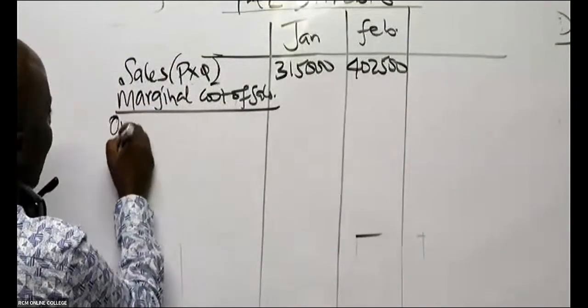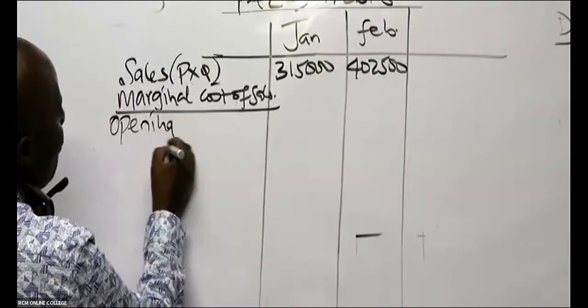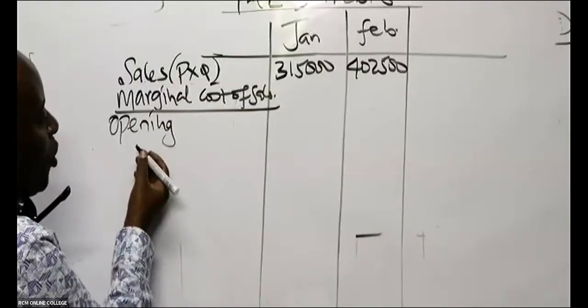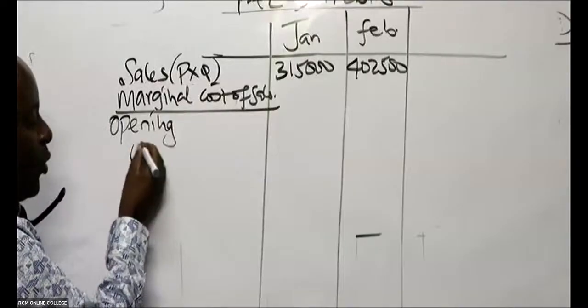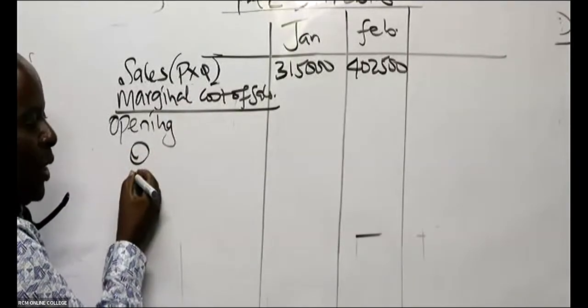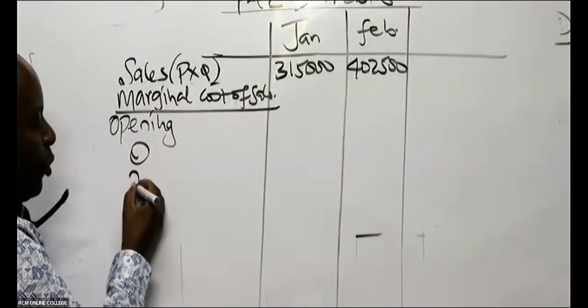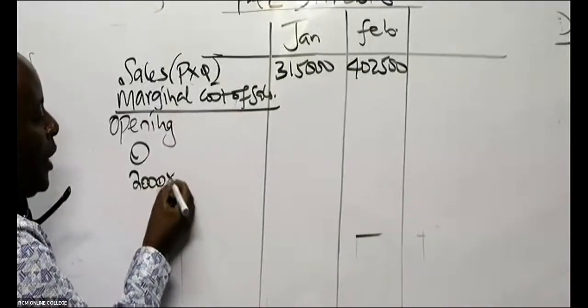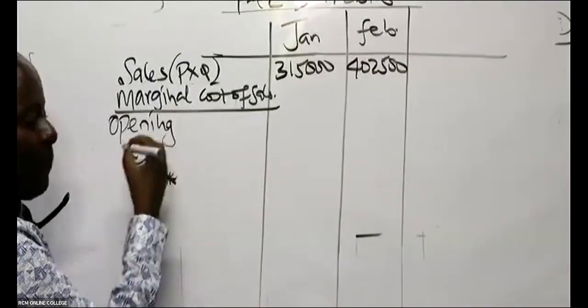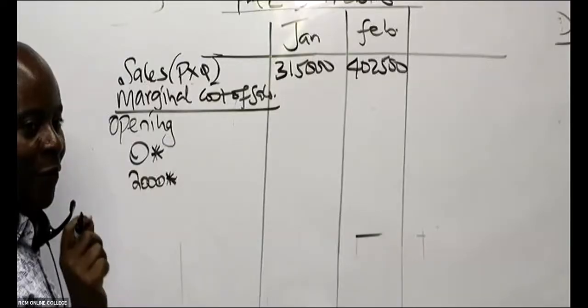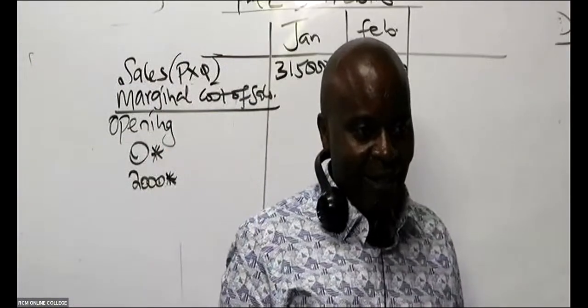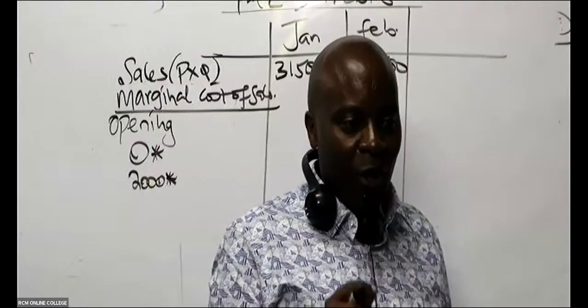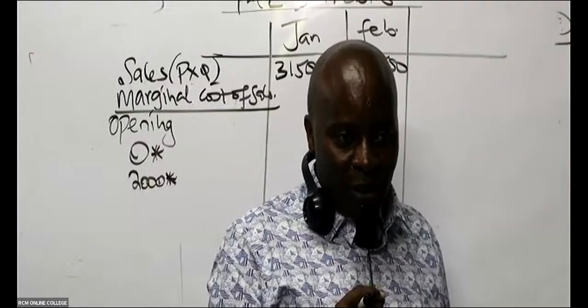So we start with opening. Now, from the table that we did, what was the opening stock in January? 0. How about February opening? 2,000. Do you remember we did valuation of our inventory? We said our inventories, each unit is valued at how much? 35. So are you using absorption costing?